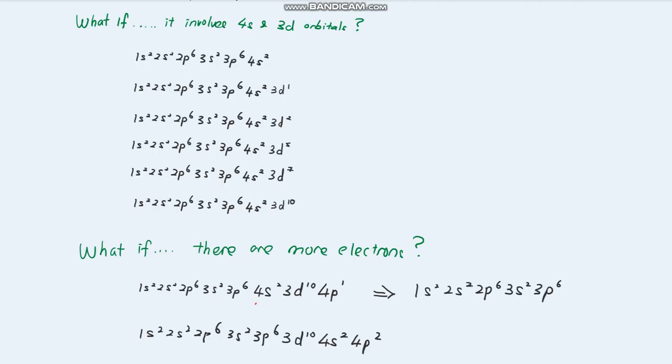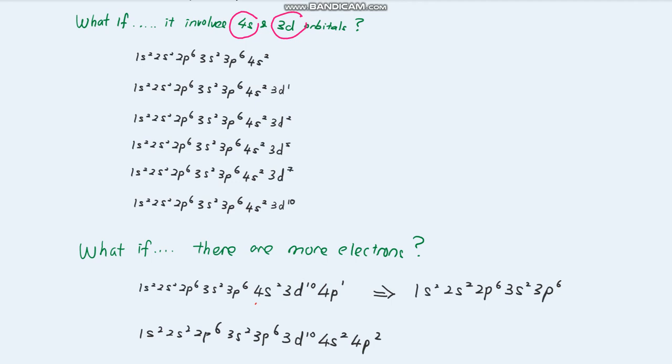So when it comes to 4s and also 3d orbitals, we need to consider both orbitals at the same time, even though the highest value now is 4. But you still have to consider the 3d subshell.